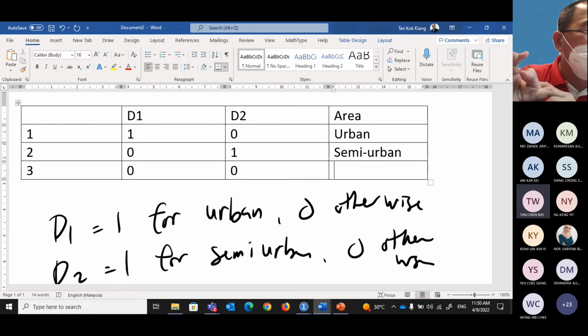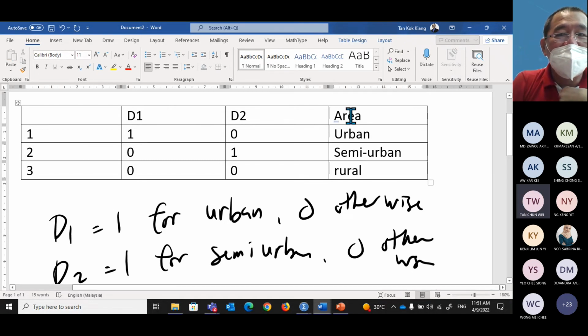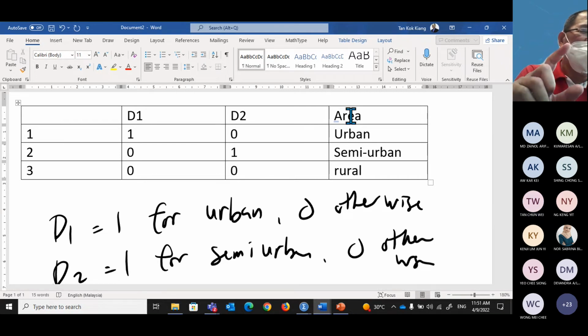So you have to create more columns if you have more elements. Yes, you are right, but it's k minus 1. Correct. It cannot be 0, 1, 2, 3, because you're not going to get the three equations. By using 1 and 0 dummies, we can get the three equations.